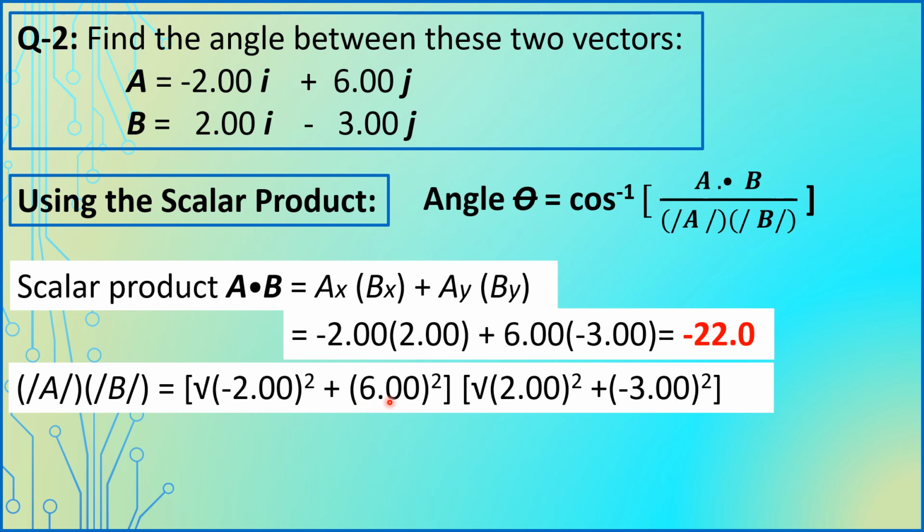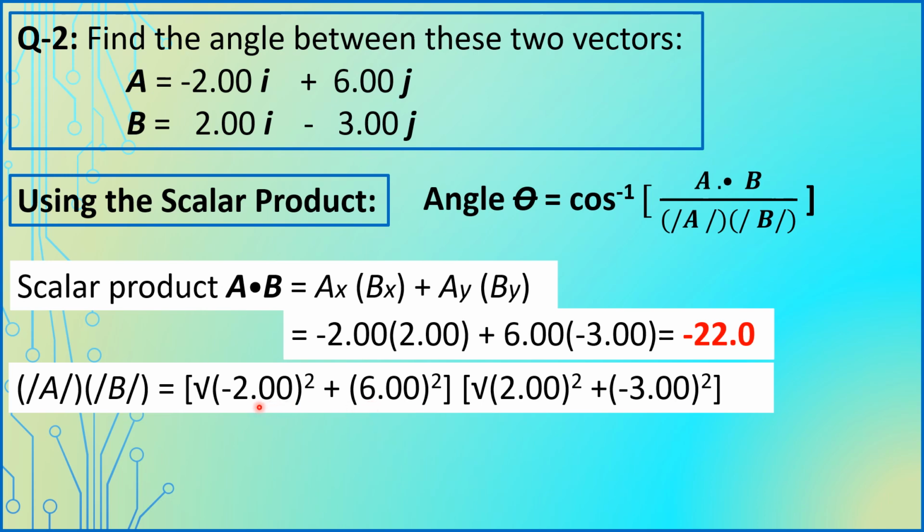So after getting the square values of these two numbers, they will be added. And then later, the sum of the squares is inside the radical sign, so we will still be getting the square root.